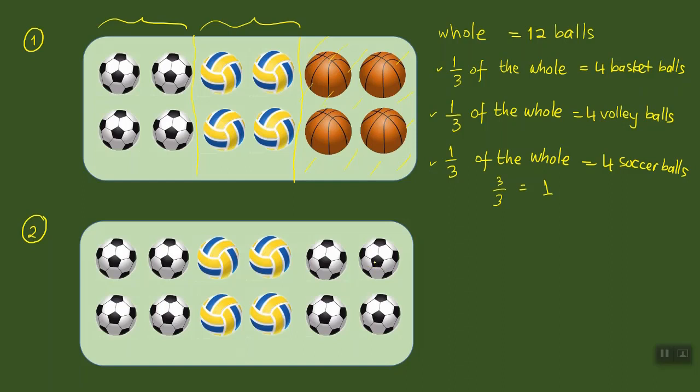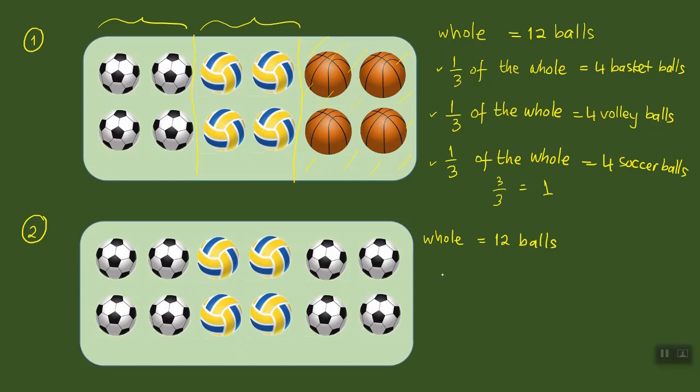Okay, now let's see number 2. In number 2, we have a group of balls. The whole here contains 12 balls, the same as number 1, but the kinds of balls are different. Now, can you tell what fraction is the soccer balls?